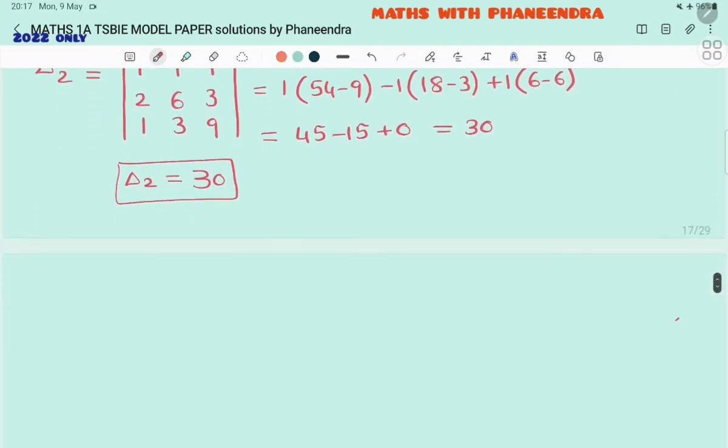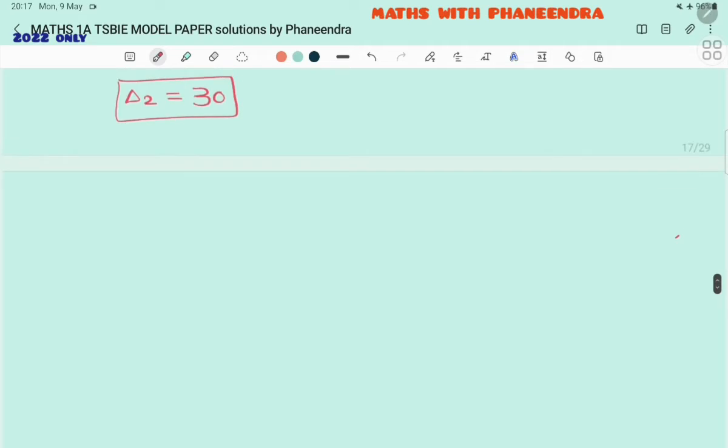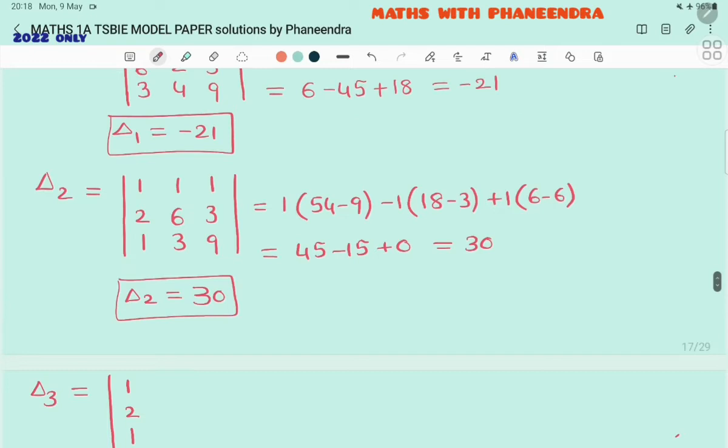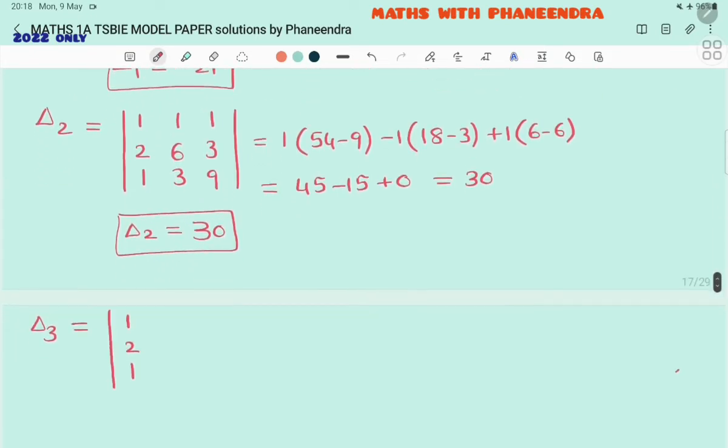Next, calculate delta 3. Delta 3 means the third column was replaced with the constant matrix. First column is 1 2 1. Second column is 1 1 4. Third column is 1 6 3, which is the constant matrix.